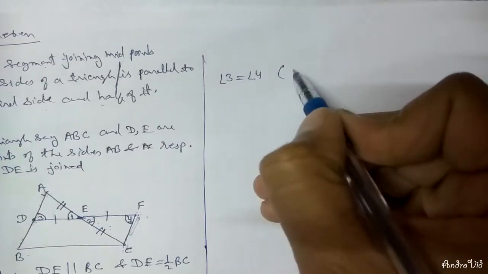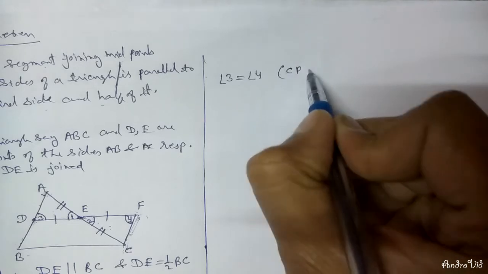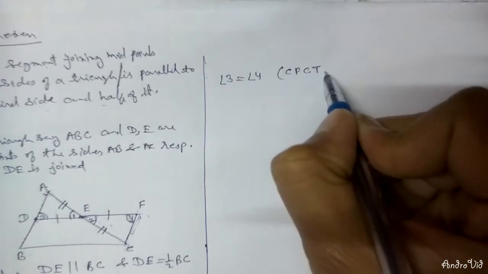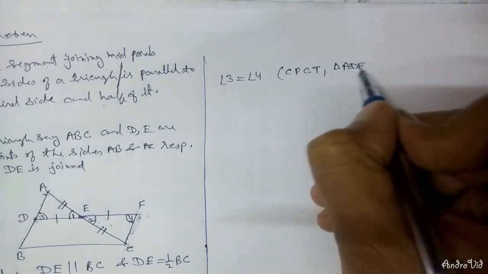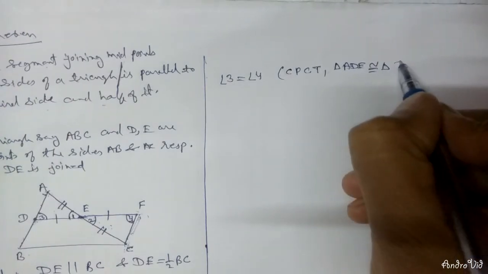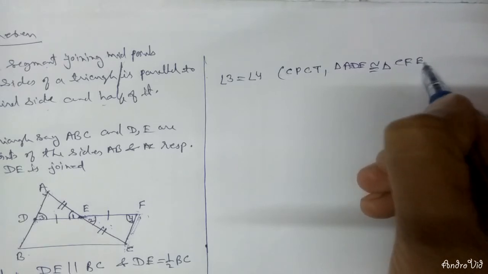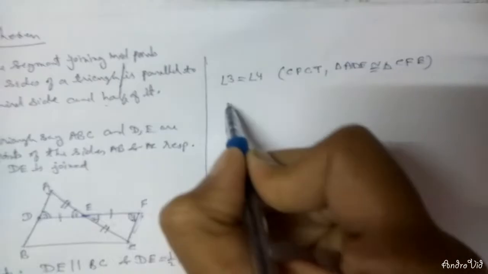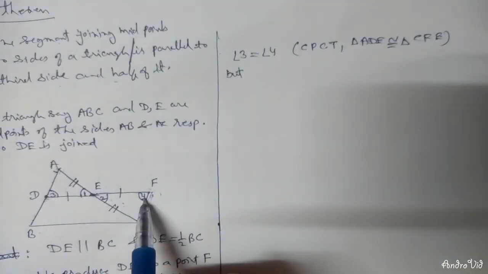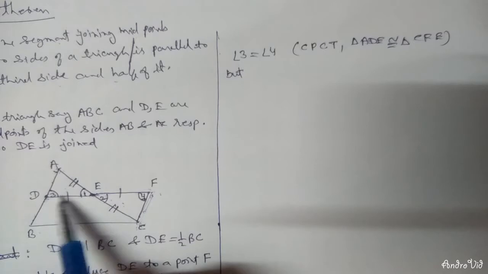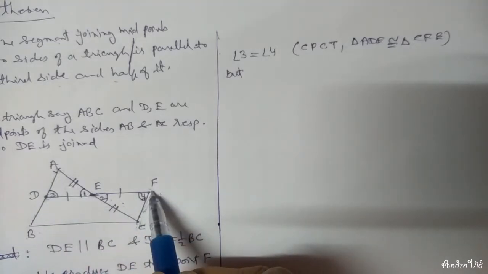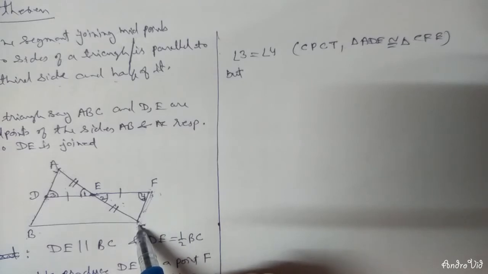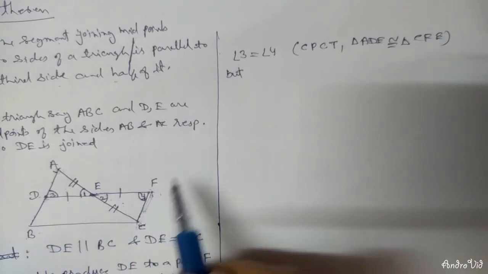Because these are corresponding parts of congruent triangles ADE and CFE. But these angle 3 and angle 4 form a pair of alternate interior angles for lines AB, FC and transversal DF.